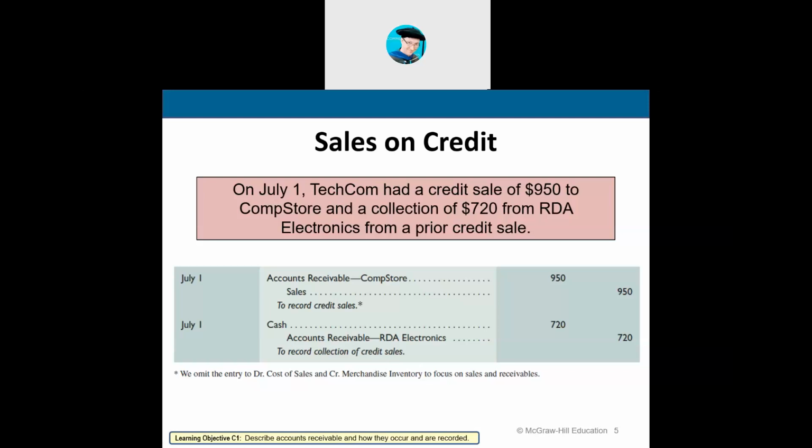So in this first journal entry, we debit accounts receivable to increase the accounts receivable, and we credit sales to increase our sales. The second transaction, we debit cash to increase our cash, and we credit accounts receivable to decrease accounts receivable. So when you debit an asset, we're increasing it. When you credit an asset, we are decreasing it. Does that help to clarify your question, Mark? Yes, it does. Wonderful. Thank you so much. Great.